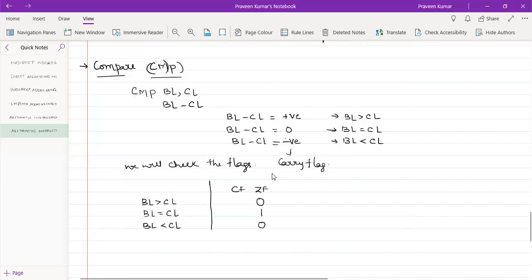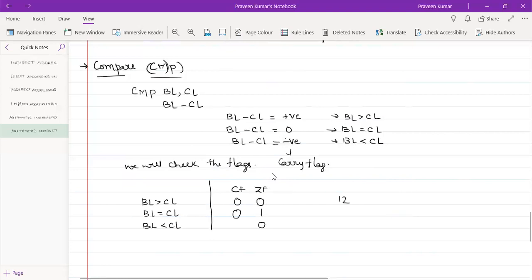Now the other part we'll discuss is if BL is greater than CL. If I take two numbers and subtract CL from BL, say 24 minus 12, I will not have any borrow. So the carry flag will be 0 if BL is greater than CL. And if BL is equal to CL also, there is no carry flag, because a borrow will not occur.